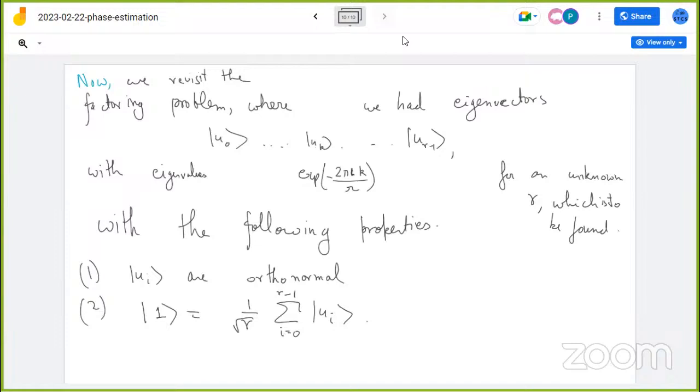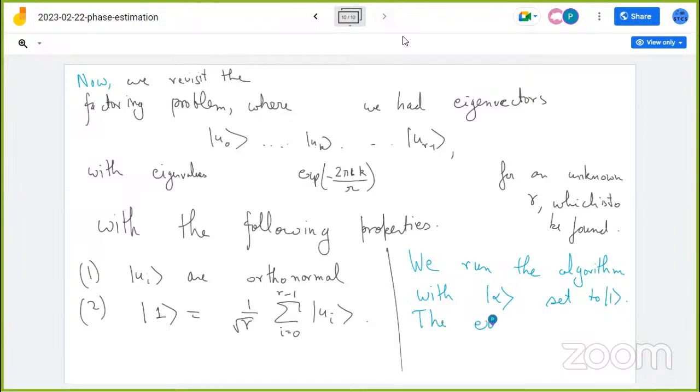So then we run the algorithm. And of course set to 1. And this we can do because we start with the algorithm here converted to 1, by the expression on the previous slide.